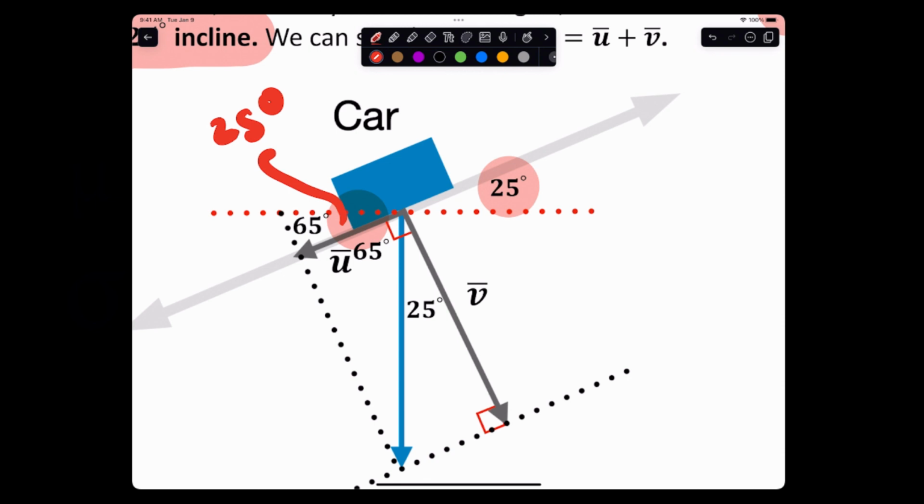And this triangle here now, if I change colors here, this is a right triangle. There's 90. That makes this angle have to be 65 degrees. Because of similar triangles. And if that's 65 degrees, if I draw another triangle, what color should we use? Maybe pink?